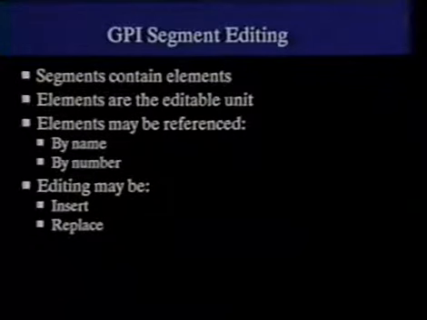These elements may be edited one at a time, either by deletion or insertion. They may be referenced by name or even by number, where by name you can actually insert an element into a segment that has a name, and you can refer later on to that label as an element and move your pointer in the segment, if you will, in order to enhance your control of the editing process on that segment.